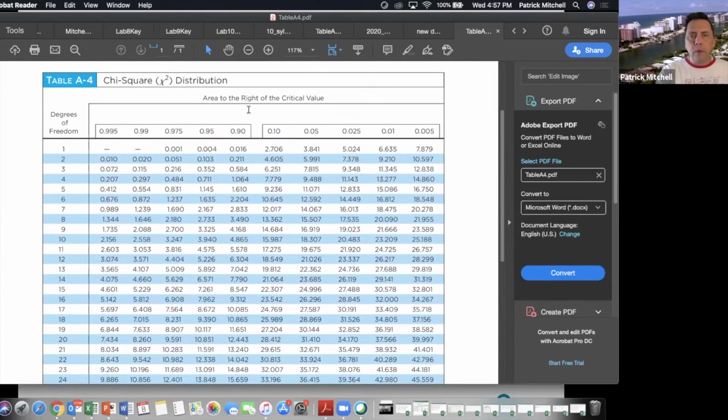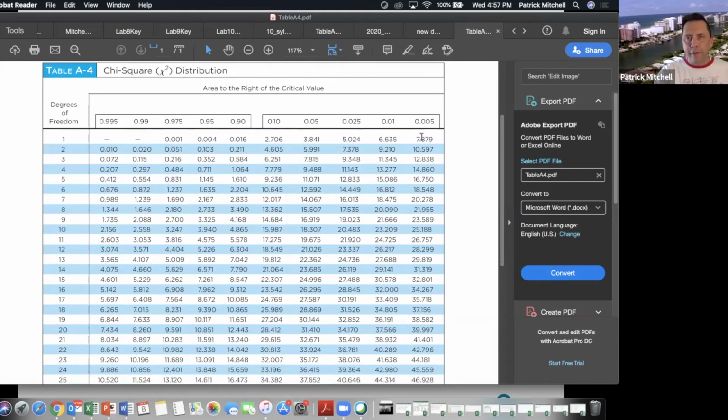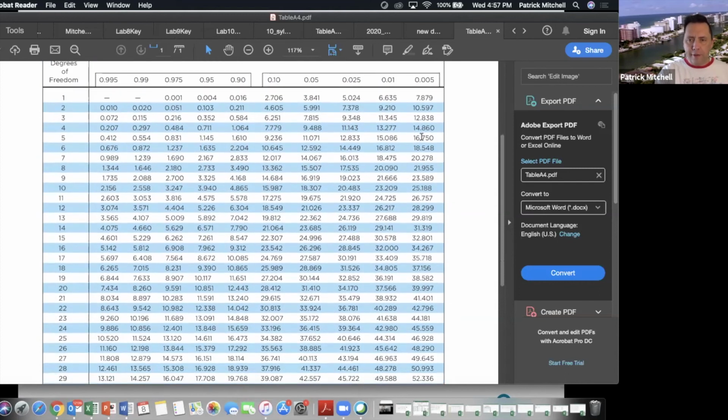Up here, we have to select the area to the right of the critical value. We're looking for two critical values. Let's talk about the easier one first. This very last column is going to give me a chi-square value that cuts off the top 0.005. So at 29 degrees of freedom, that would be 52.336. I'm going to add that to my picture, and then you'll be able to see it in just a minute.